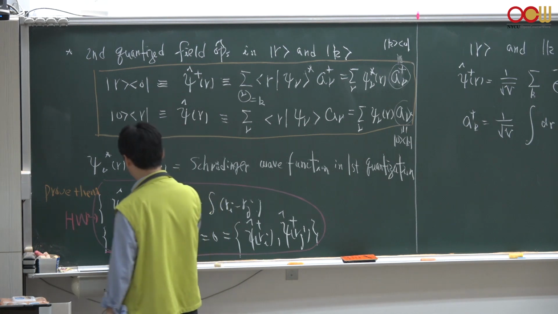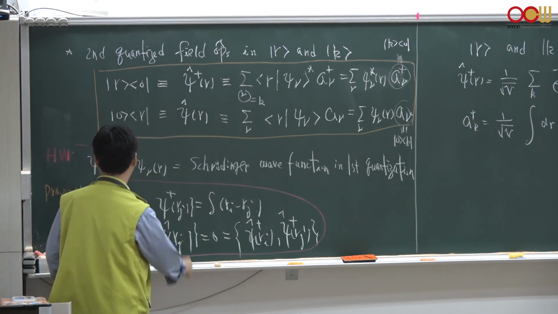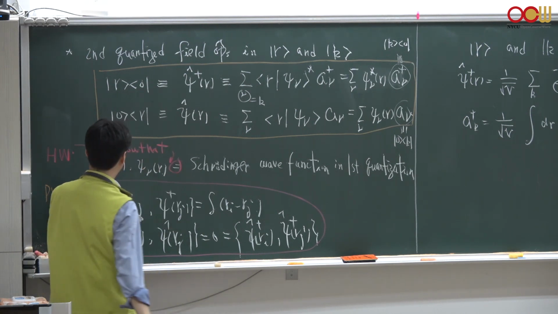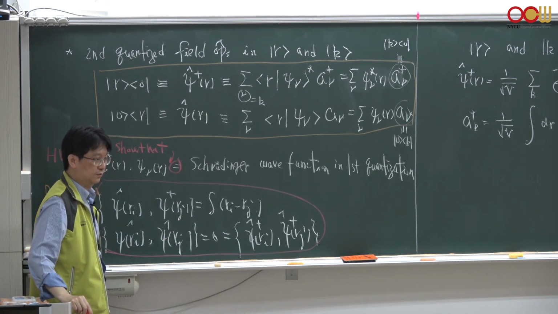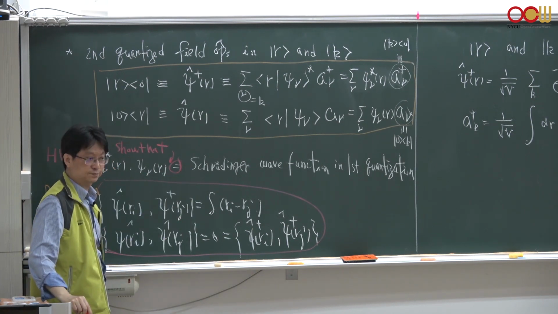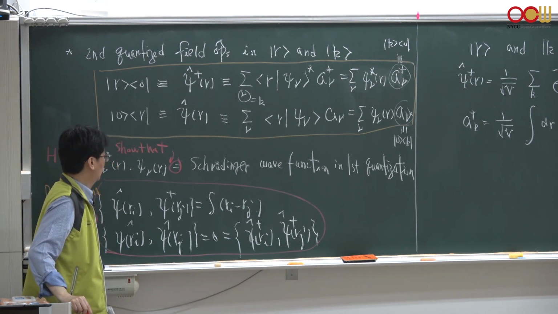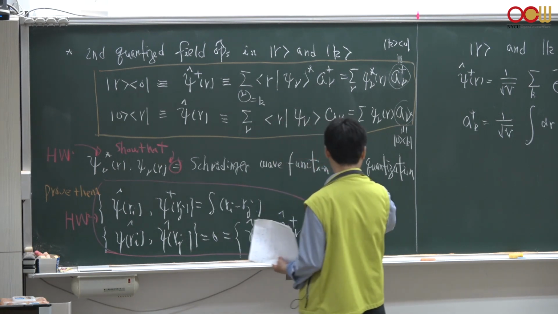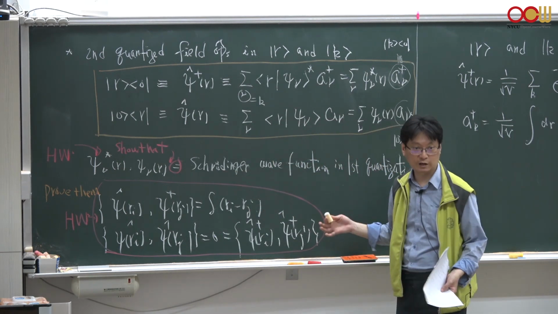So I think this is also a good homework exercise. Prove this statement. Show that these two functions are nothing but the Schrödinger wave function in first quantization quantum mechanics. You need to go back to your quantum mechanics 1 and remind yourself of the definition of the Schrödinger wave function in the Dirac notation.